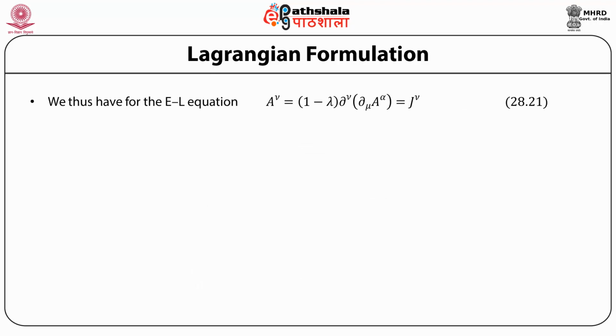We thus have for the Euler-Lagrange equation d'Alembertian of A^ν minus (1 − λ) ∂^ν(∂_α A^α) equals J^ν.